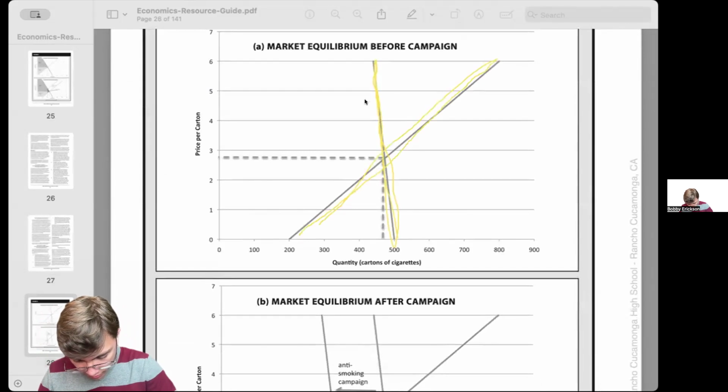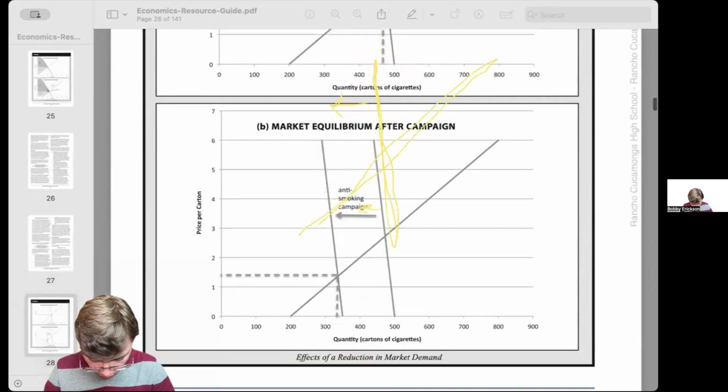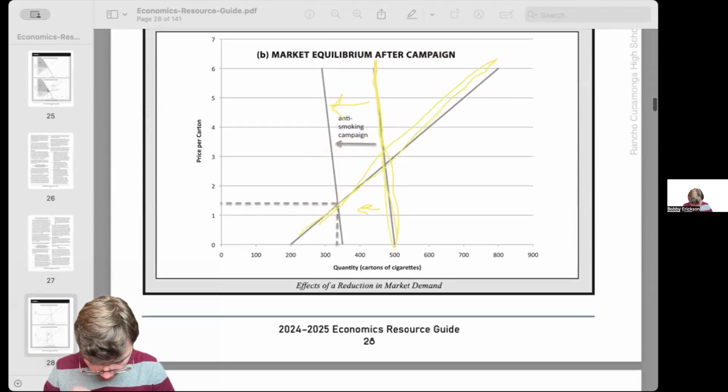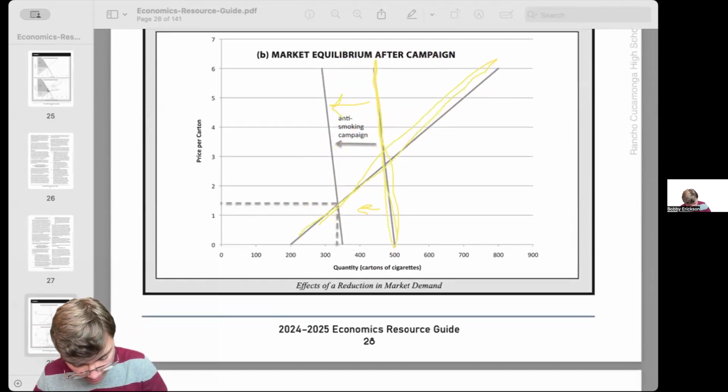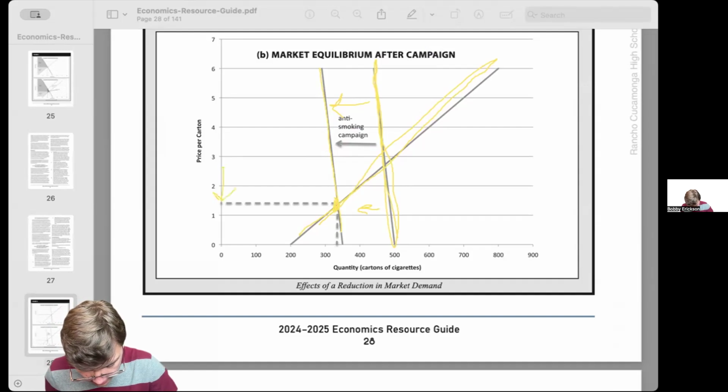And if demand goes downward this way, then we can see that the new demand curve is down here and our new price is now lower and our quantity is also lower.